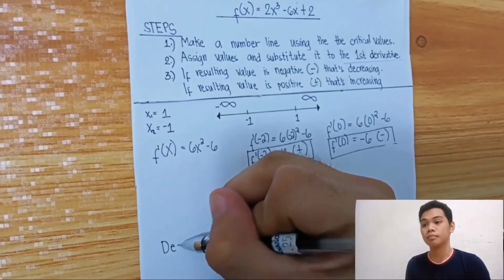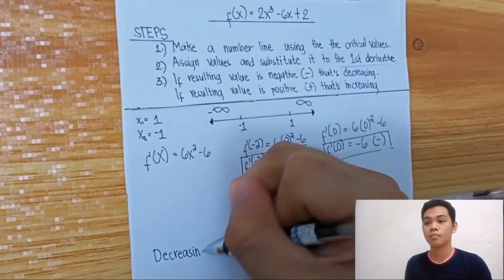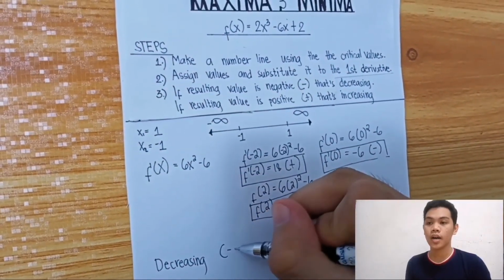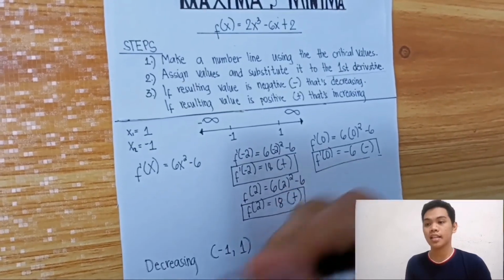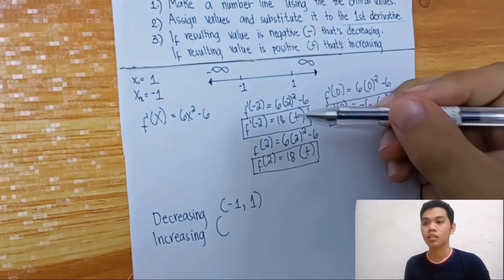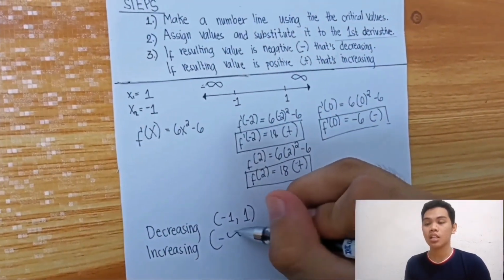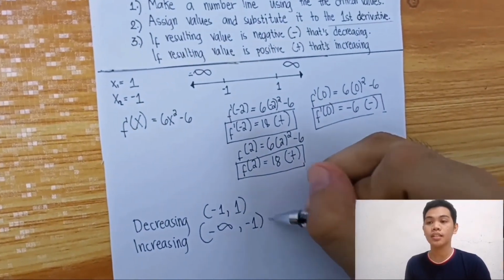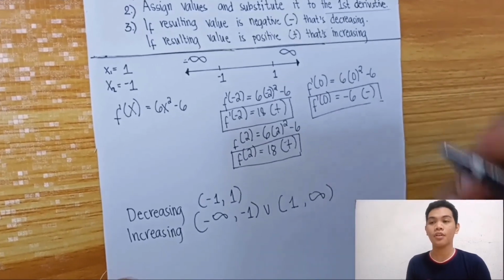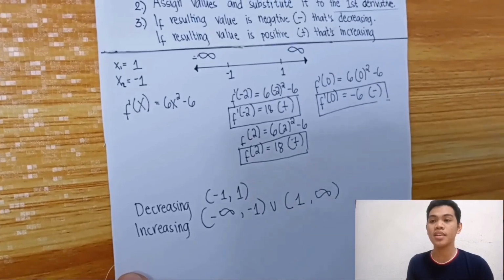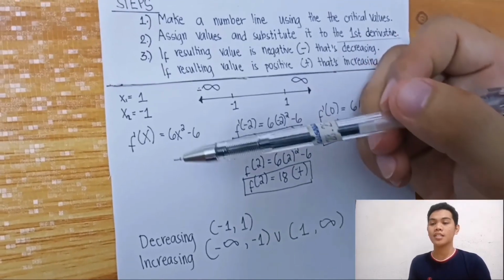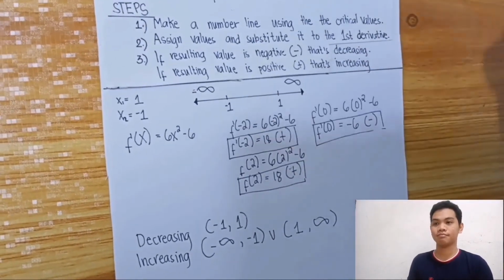It is decreasing at negative 1 to 1, and it is increasing at negative infinity to negative 1 union 1 to positive infinity. Therefore, our function assumes a minimum value at 1, negative 2, and a maximum value at negative 1, 6.